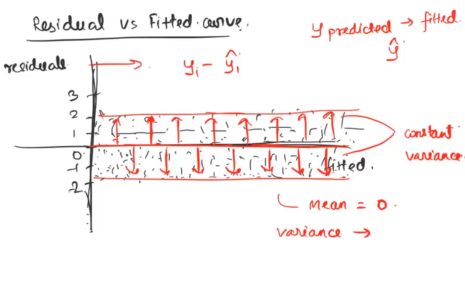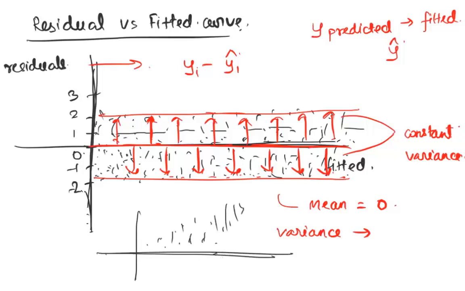What if I get something slightly different? It looks like this. What do you say about this? Variance is not uniform.